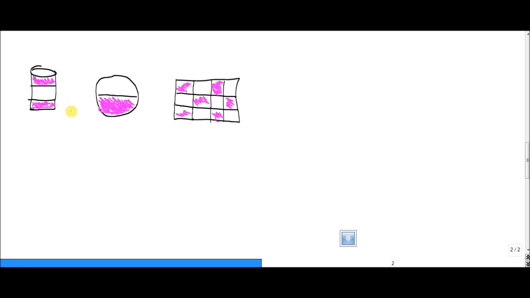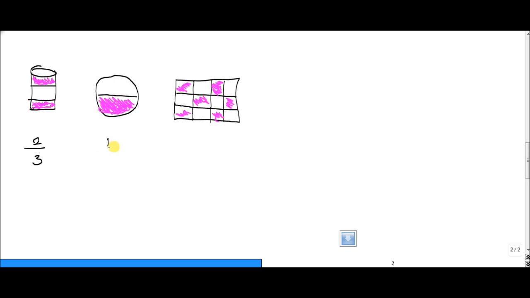Still on page 43, let's look at exercise 1. It says study the diagrams below, and let's look at figure A, which I have on the screen here. If we were to look at what fraction of this is shaded, it would be 2 parts out of 3. What fraction of B is shaded?